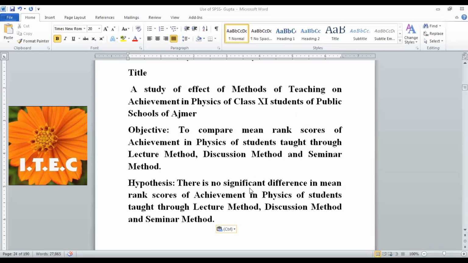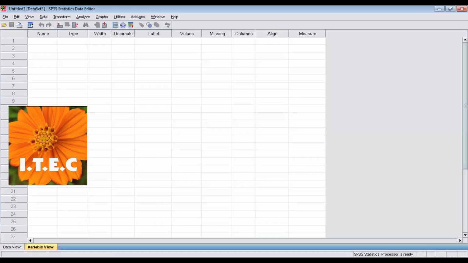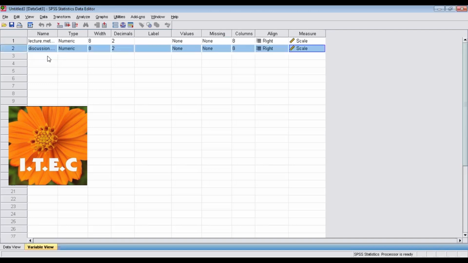So now, if this is the one, let us go to my SPSS. Now here, since I have the 3 treatments, one is lecture dot method, then another is my discussion dot method, another is my seminar dot method.